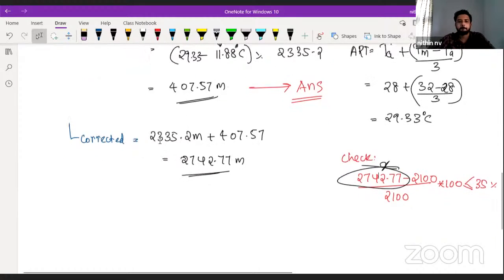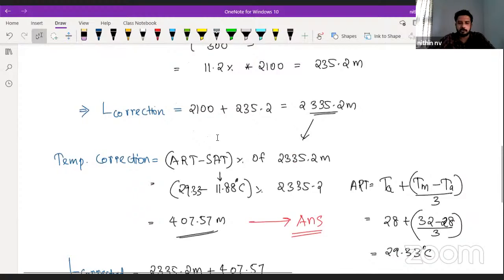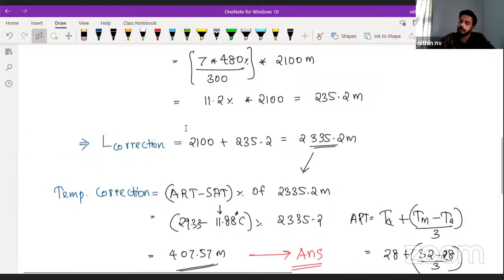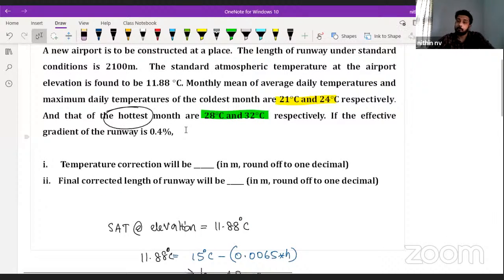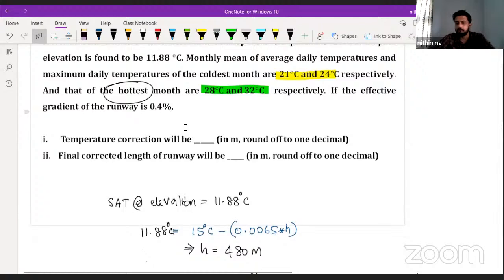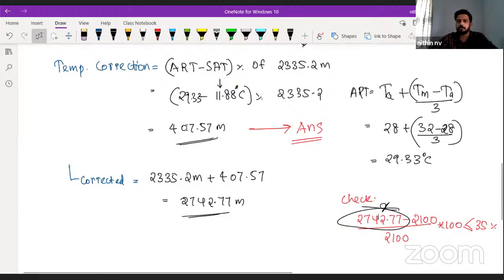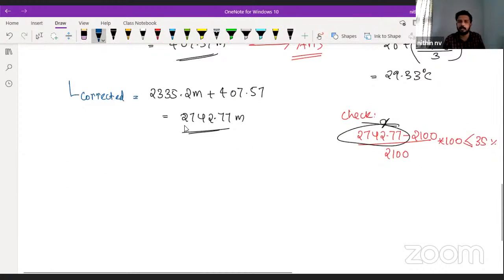Understood? Is it clear? Now, what is the next question? Final corrected length. How can we calculate it? We have to apply the gradient also. If they were not giving the gradient in the question, this is the final corrected value. But the gradient is given as 4%.